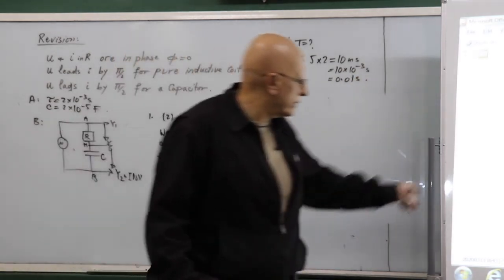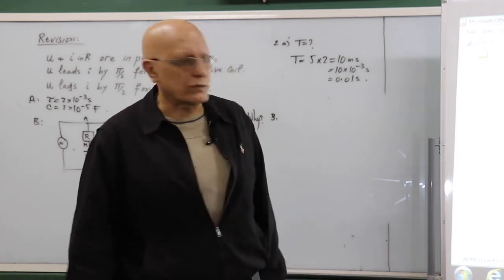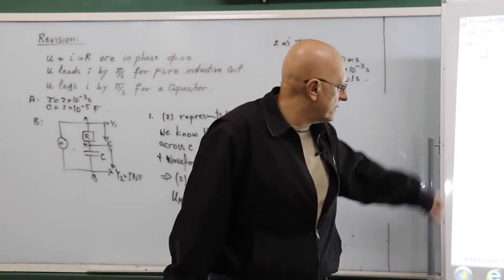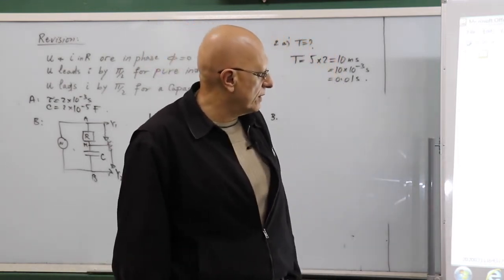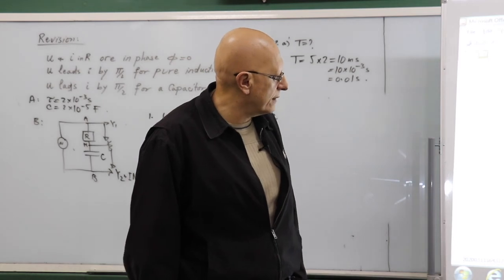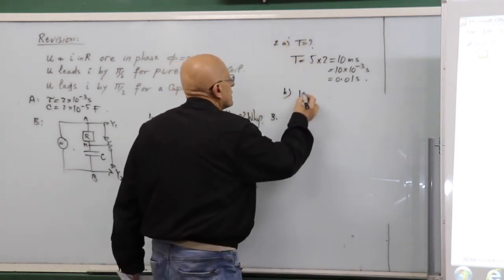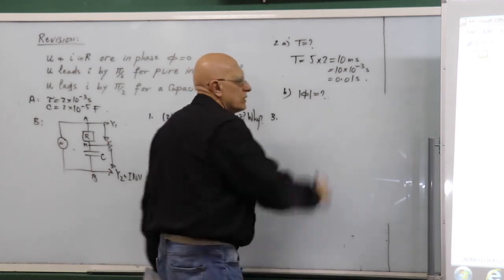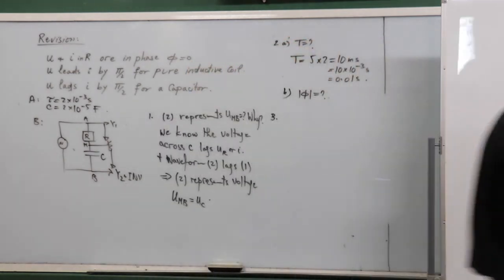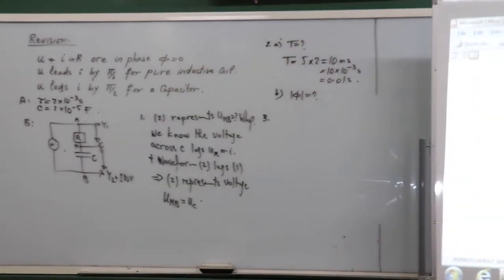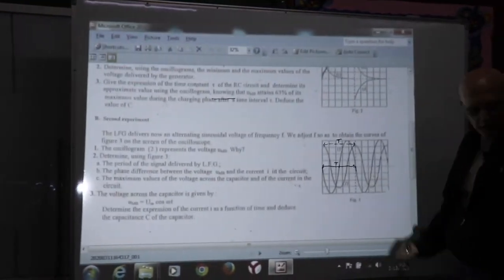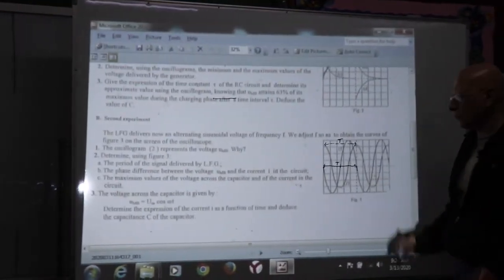This is the period. Now he wants part B, the phase difference between the voltage UMB and the current I. So he wants the phase difference between the 2 graphs. What is the phase difference? It is the difference between the two graphs.